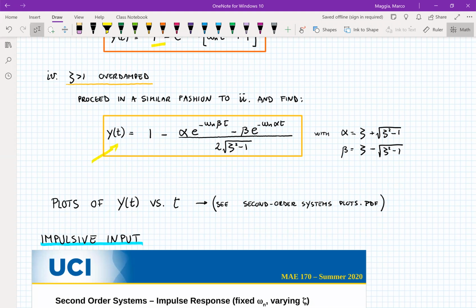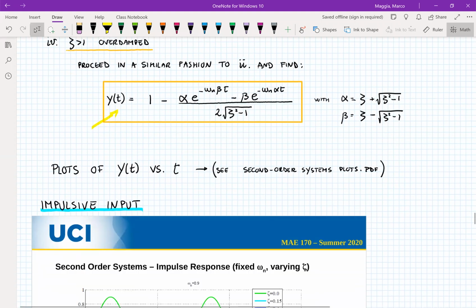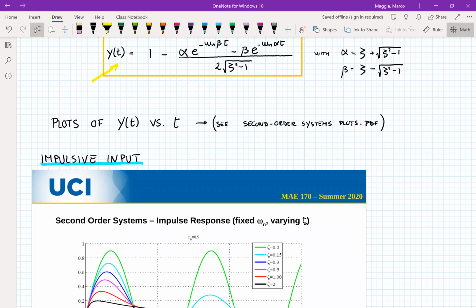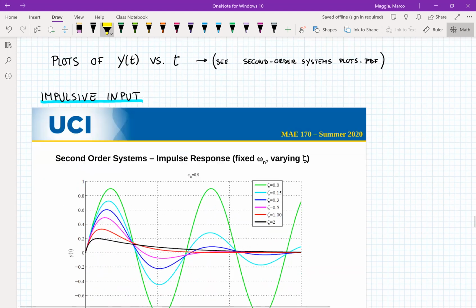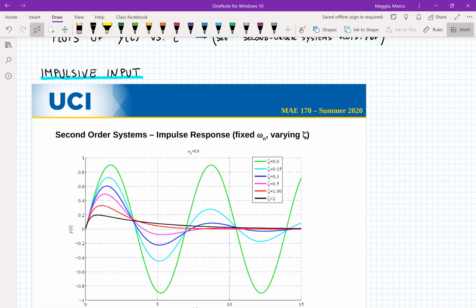However, what I really want to take a look at is the overall outputs for the 2 cases. So once again, let's consider the impulsive input. So what I did here is that I plotted several outputs, fixing one of the 2 parameters and varying the other one. I remind you that the 2 parameters that we're considering for second order systems are natural frequency, omega n, and damping ratio, zeta.